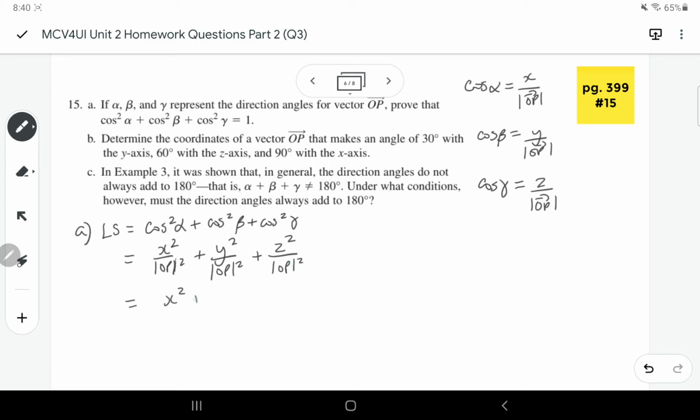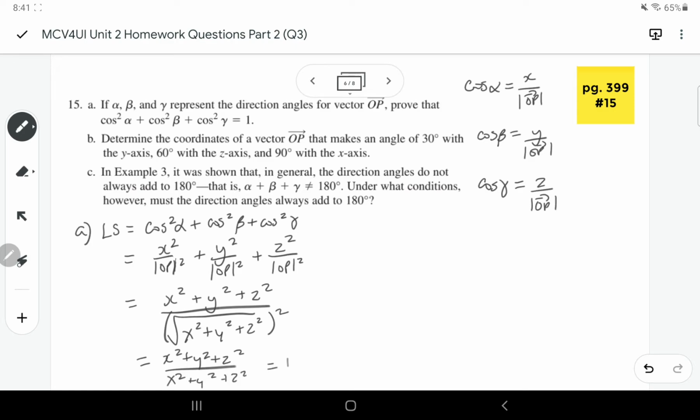So here we get x squared plus y squared plus z squared, and remember that the magnitude of OP is the square root of x squared plus y squared plus z squared, but then that whole thing is squared, which will cancel out with the square root. Which equals 1, and that is equal to the right-hand side.